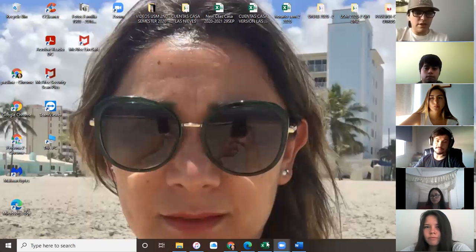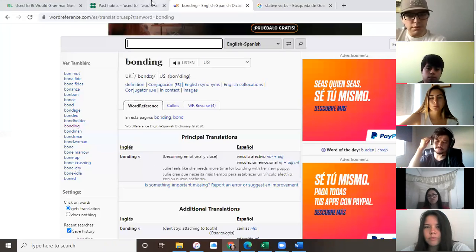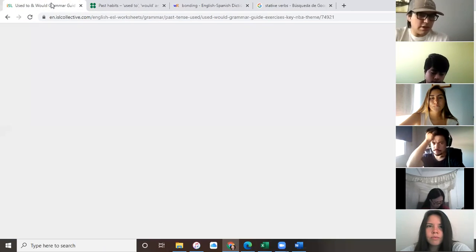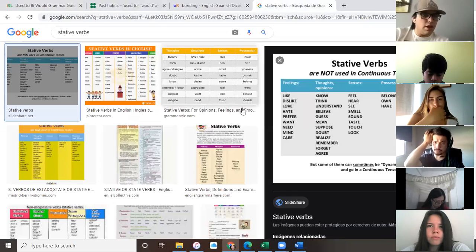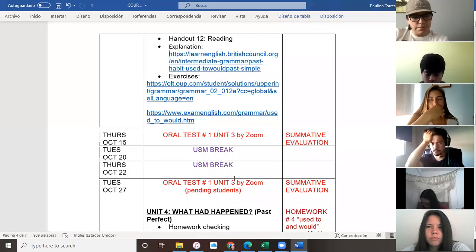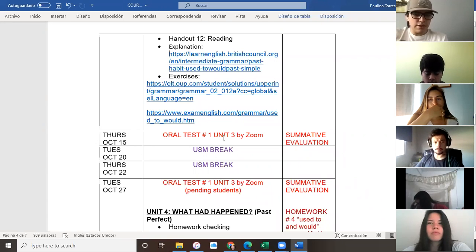Miss Matías tenía dudas, pero me dijo que no podía venir porque tenía que hacer algo más. No sé qué. But in the test, in the oral test? Sí. Él me dijo que no sabía qué había que hacer.